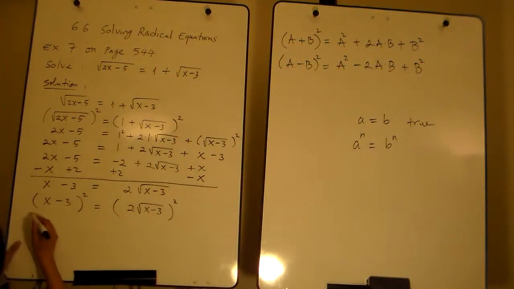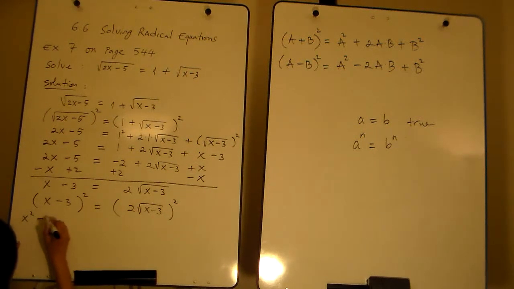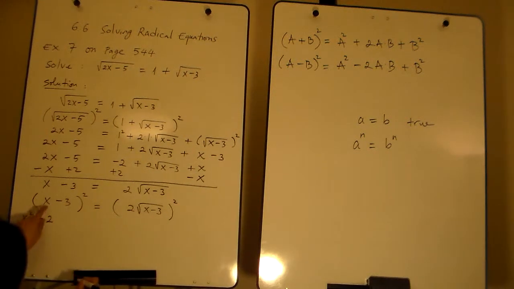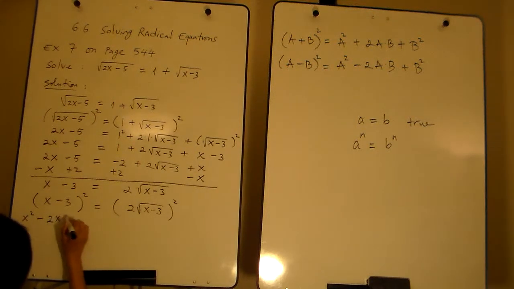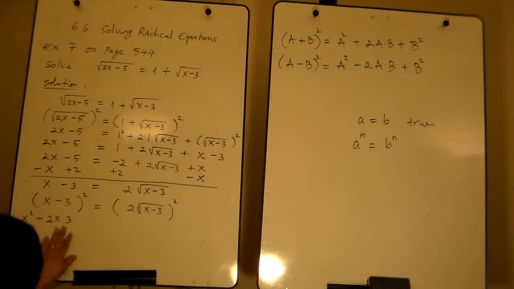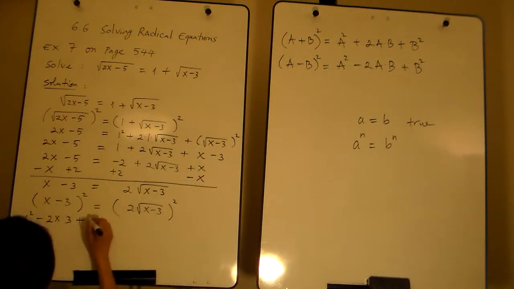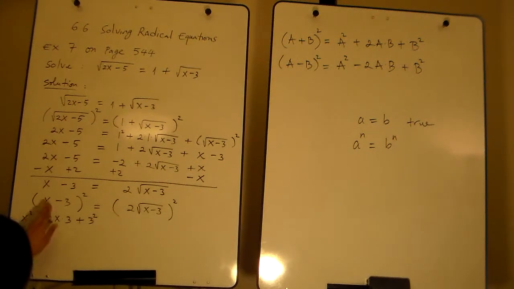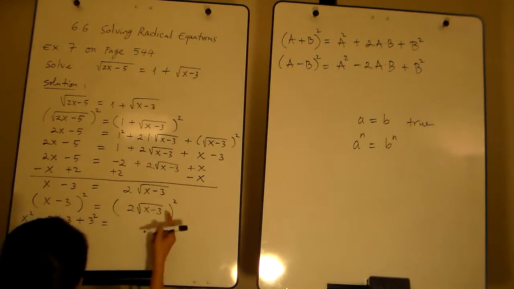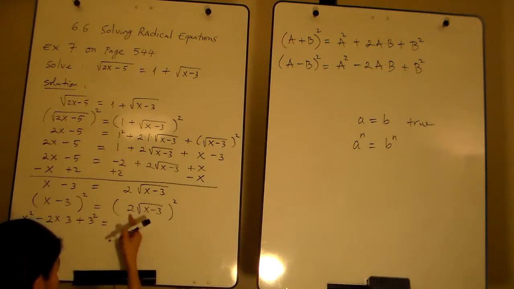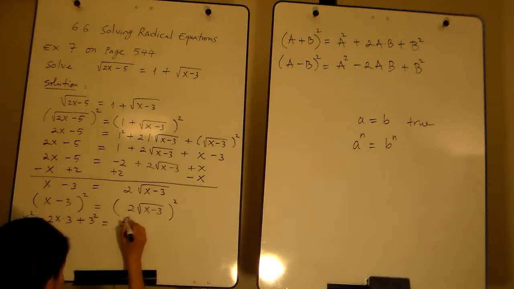So a squared is x squared, minus twice ab, so a is x times b is 3, plus b squared is 3 squared, equal to, for this, you're going to square the coefficient first, so 2 squared.